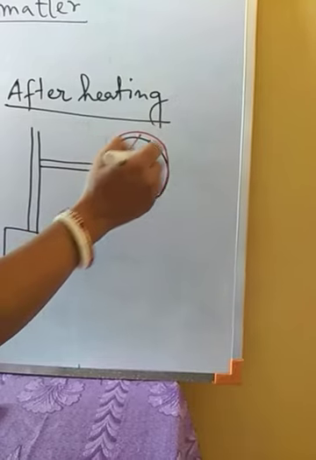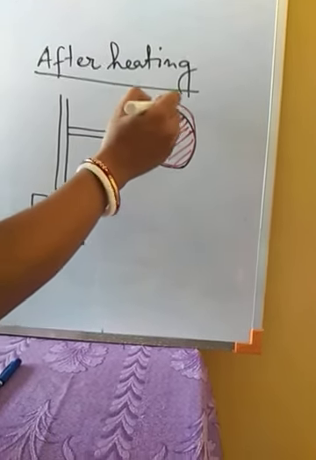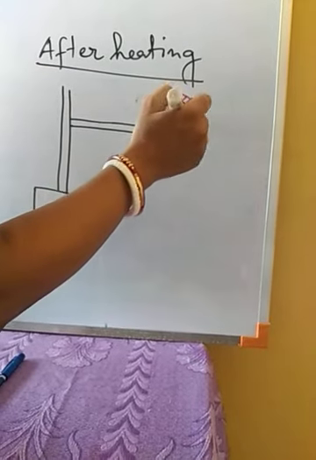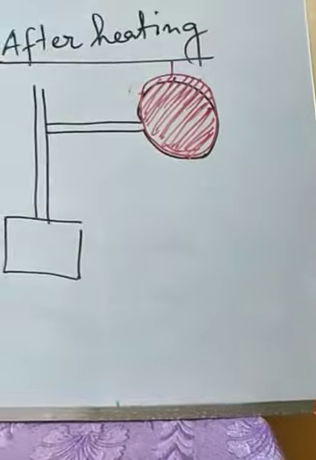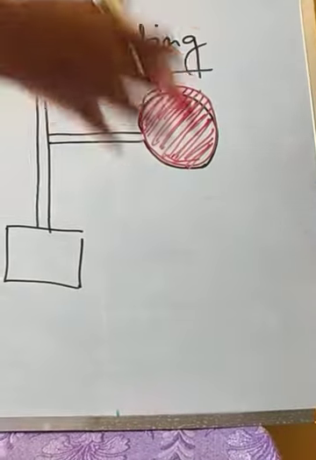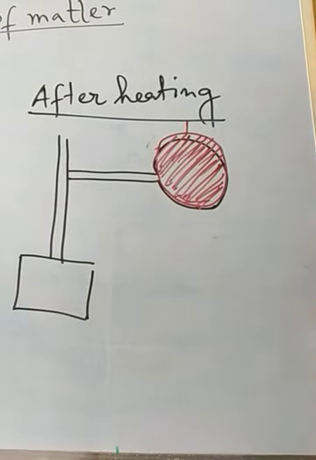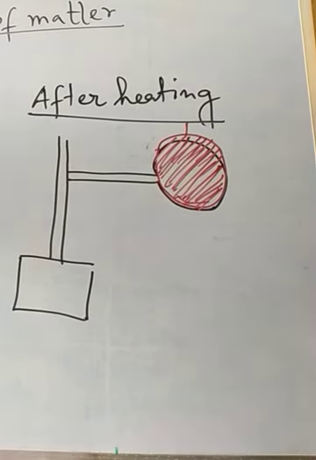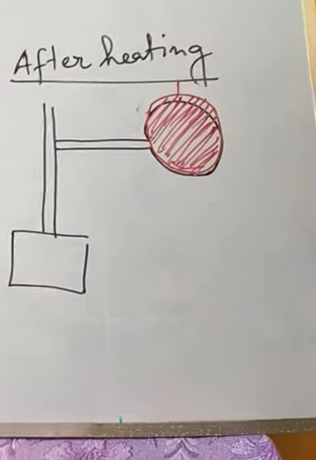It cannot pass through the same diameter of the ring. So this is after heating. It will get stuck, and before heating it can pass through this ring. So this was our experiment of expansion of a solid sphere.